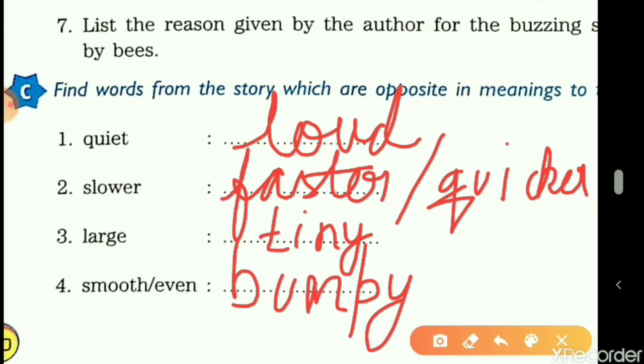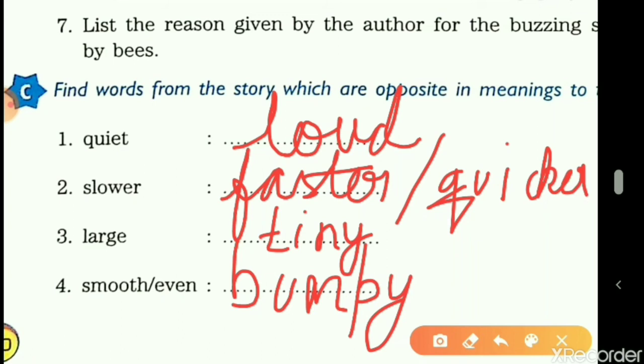So you need to learn both. Quiet, loud, loud, quiet. Slower, faster, faster, slower. Large, tiny, tiny, large. Smooth, bumpy, bumpy, smooth. Even, bumpy, bumpy, even. So you must learn from both the words. I hope children exercise A, B, C are clear to you.